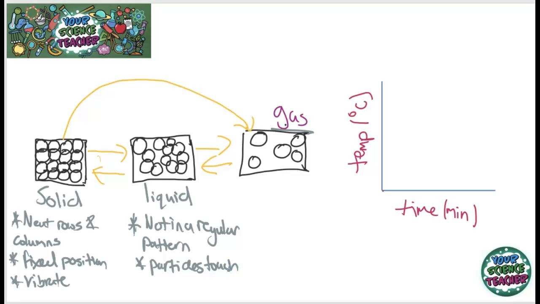Now, because the particles are no longer in a regular pattern, they can show a few more properties. A liquid can flow, and it will take the shape of a container. Just think, if you pour a cup of tea, your water has gone from the shape of the kettle into the shape of your mug.